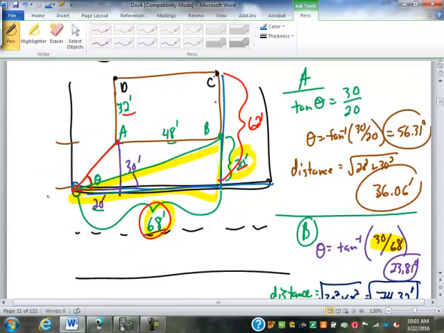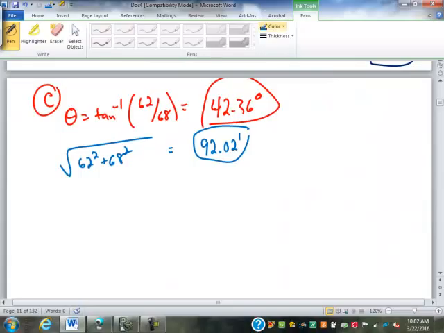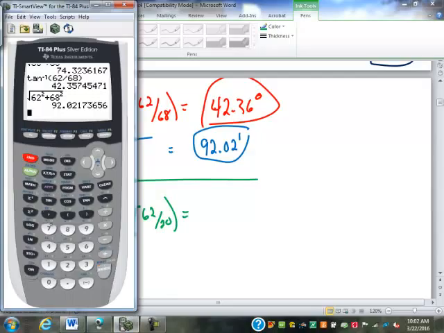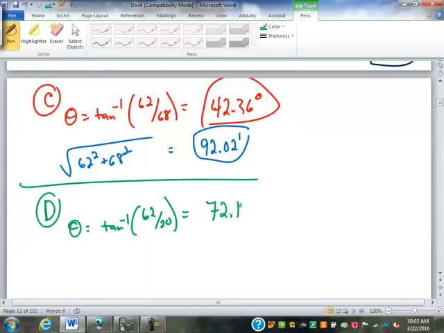Opposite over adjacent. Then for point D, it's 62 here, but it's down to 20 here. So for D, it's the inverse tangent of 62 over 20. So second tangent, 62 divided by 20. 72.12 degrees.